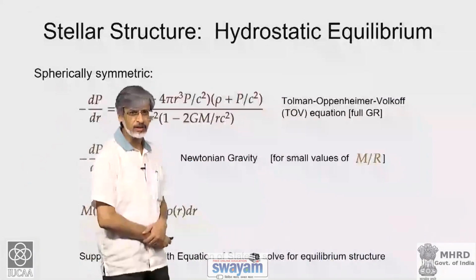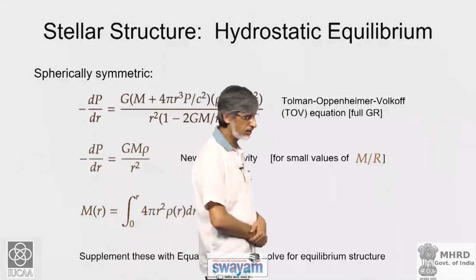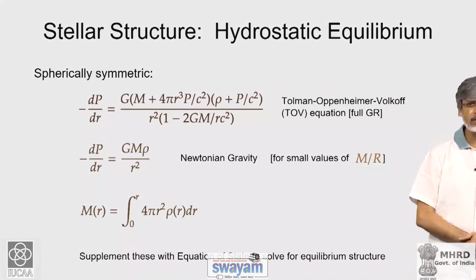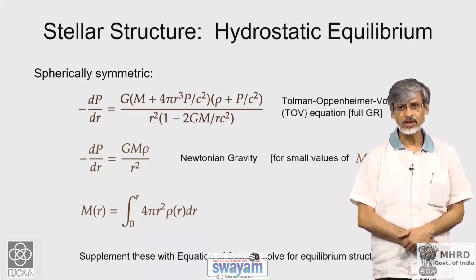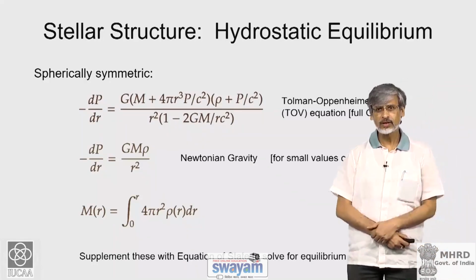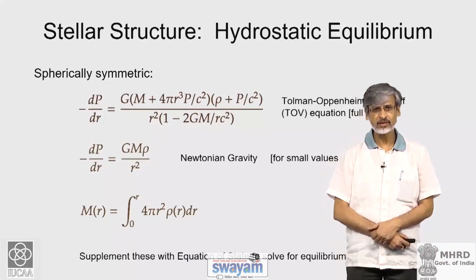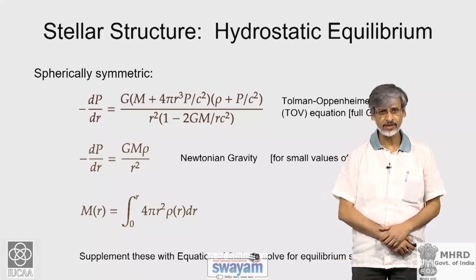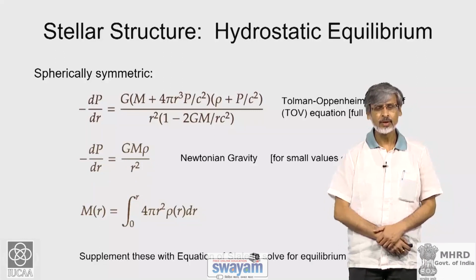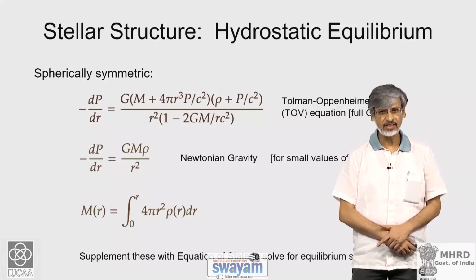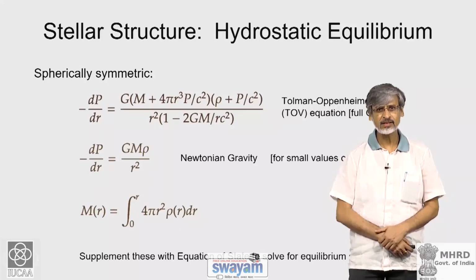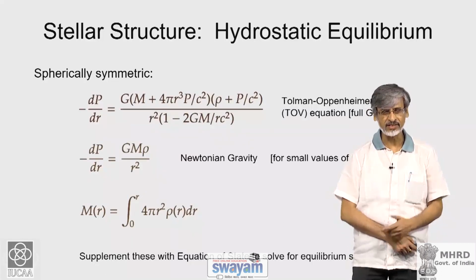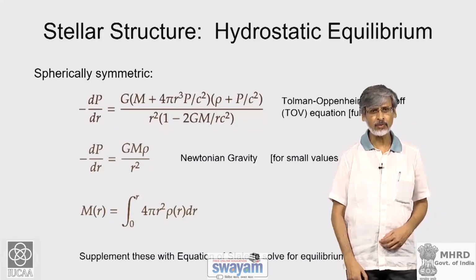To describe the equilibrium of these stars, we use a set of equations called the equation of hydrostatic equilibrium. In full general relativity, the equation, as expressed in terms of the pressure, the radius, the mass and the density, is shown on the top.